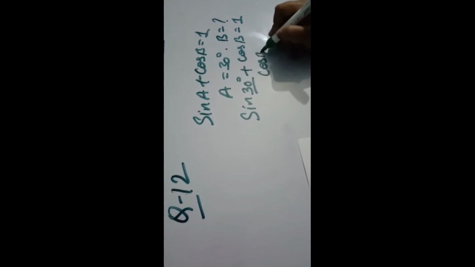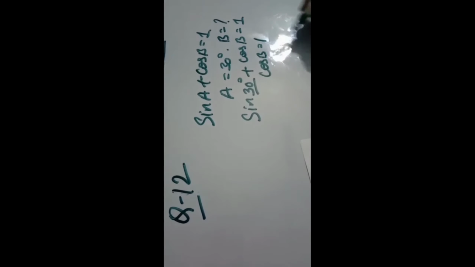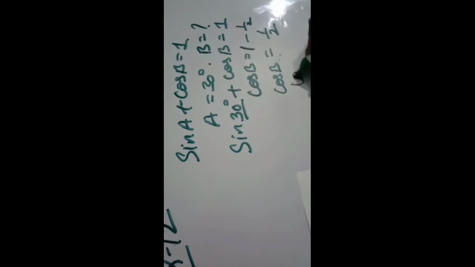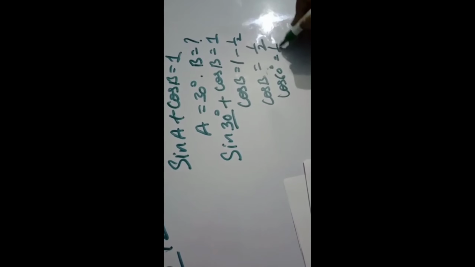So cos B will come 1 minus sin 30. Sin 30 is half. 1 minus half is half. So cos B came half. Now sin 30 is half, but cos 60 is half. Therefore B value will come 60 degree. So like this you have to solve the trigonometry question.